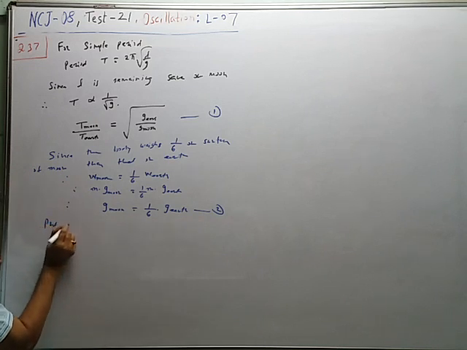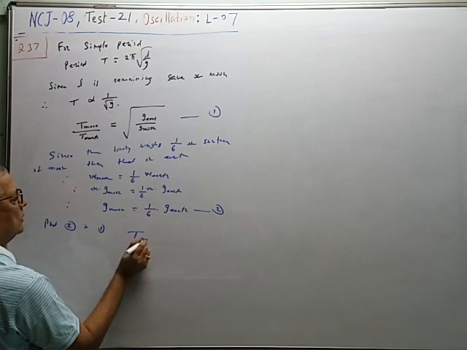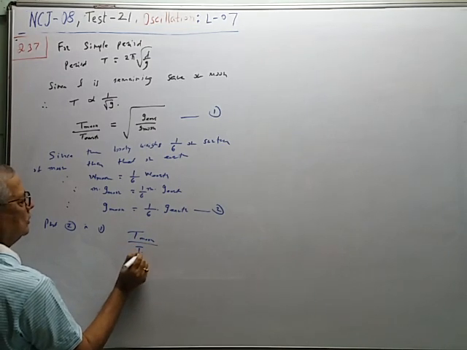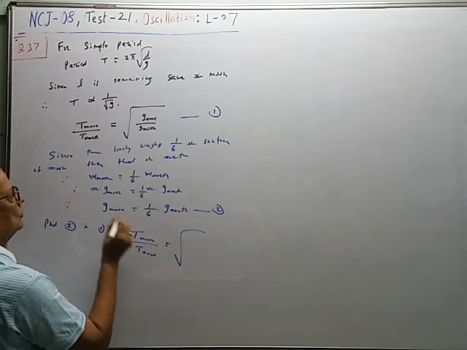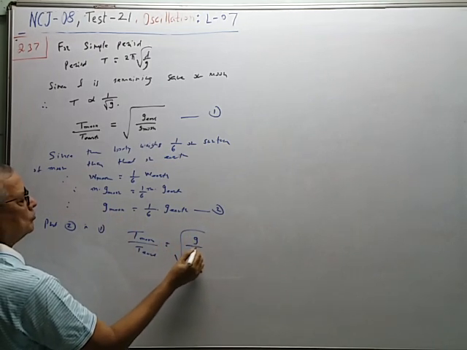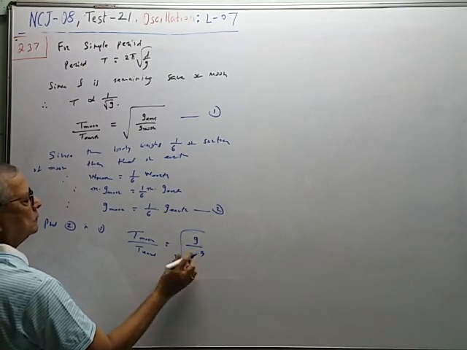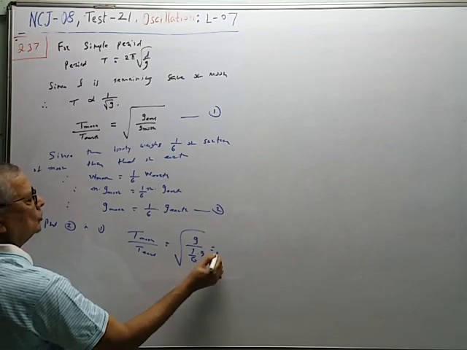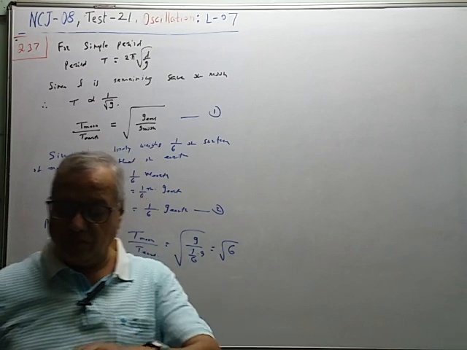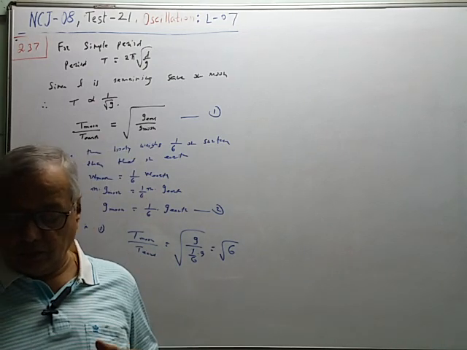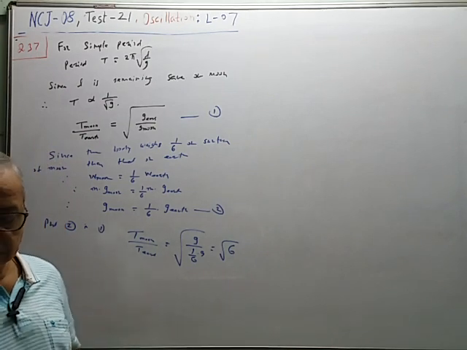Put 2 in 1. Therefore T on the surface of moon by T on the surface of earth is equal to under root, so we have to put this value 1/6 g. So that is equal to root of 6.